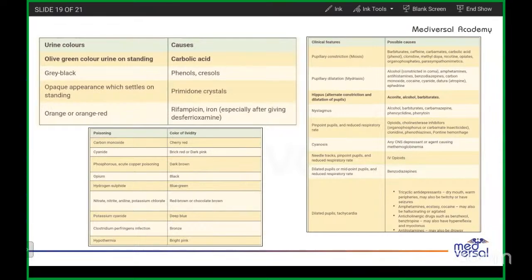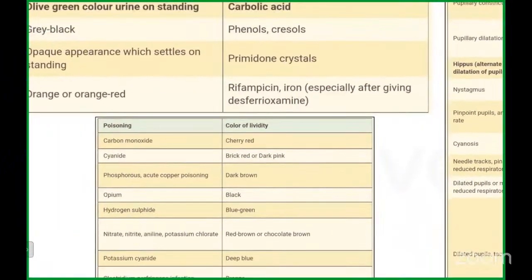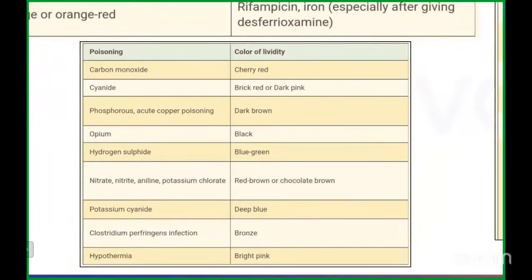Okay. Coming to the color of postmortem lividity, I want you to remember this. Carbon monoxide is cherry red. Cyanide is brick red. Please, please, please remember this as well. A while back, we did the postmortem staining of gastric mucosa. One was brick red, one was cherry red. So you can remember that. For hydrogen sulfide, it is blue green.